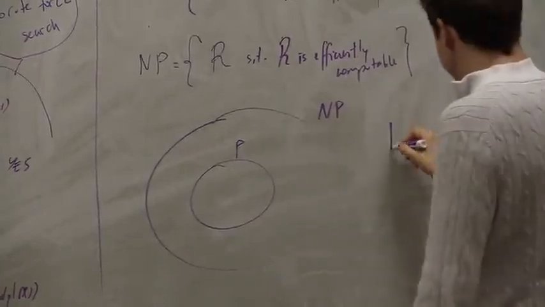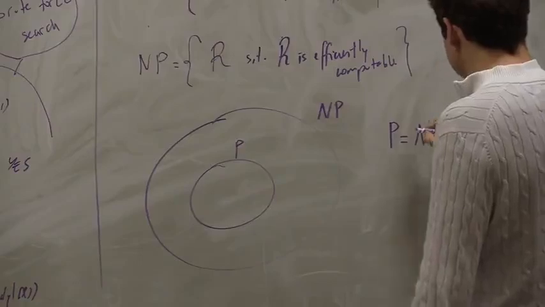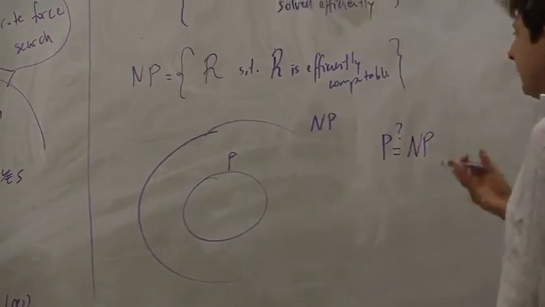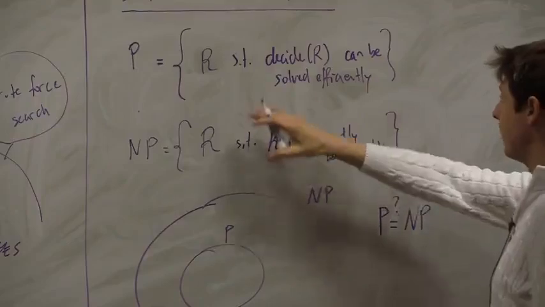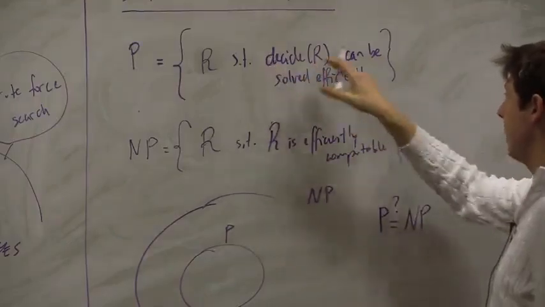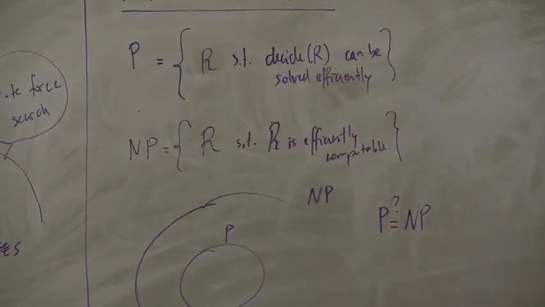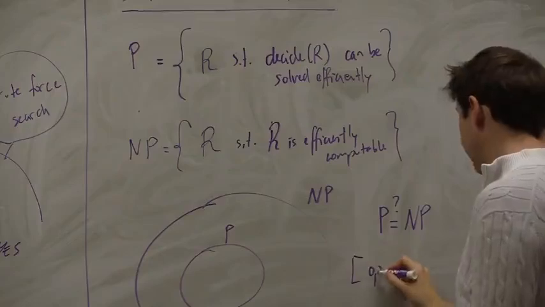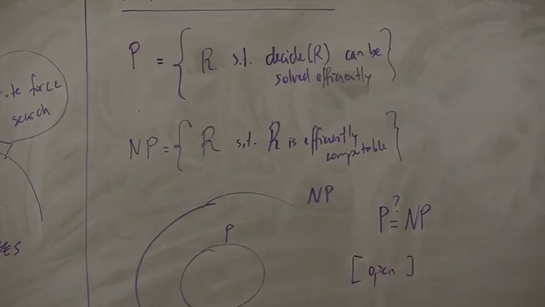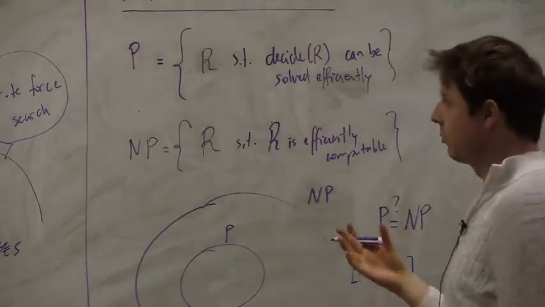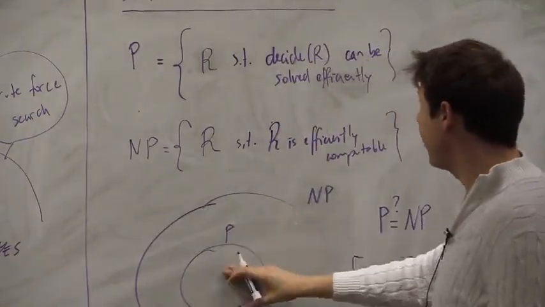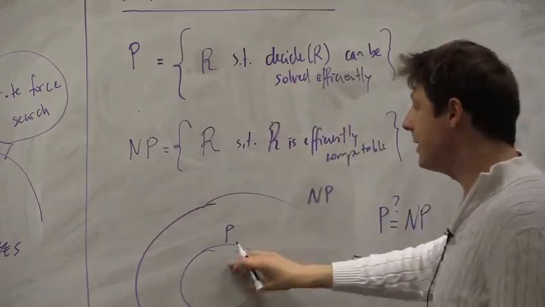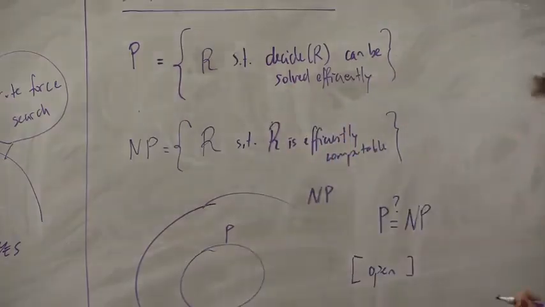And the question of whether these two sets are the same is tantamount to asking, is it the case that every efficiently computable relation is such that its corresponding decision problem can be solved efficiently? Okay? So you probably already know that the answer to the question is open, right? And one way to understand it is that is there a way to mechanically avoid brute force search, right? Because again, we can always do brute force search for any NP problem to solve our problem. But what we're asking is there a polynomial time solution? Like, is it always possible to avoid brute force search?